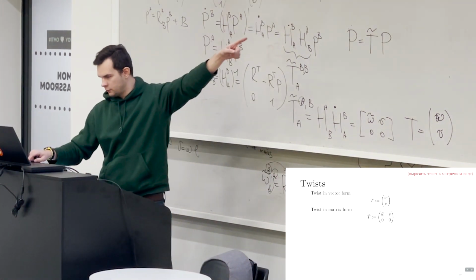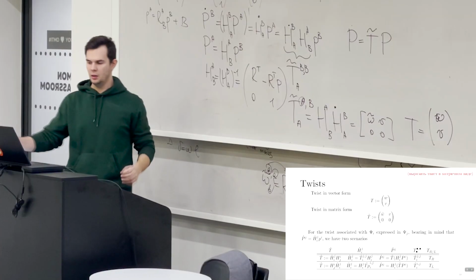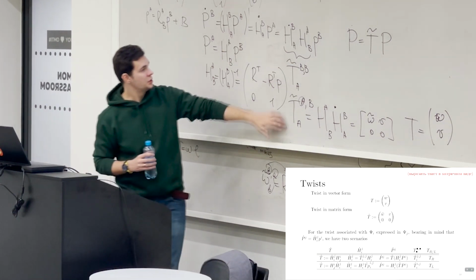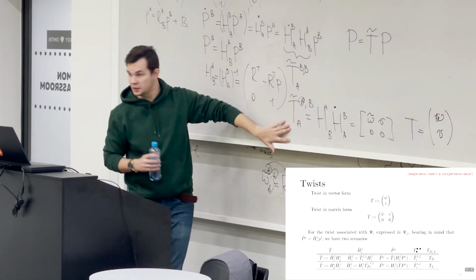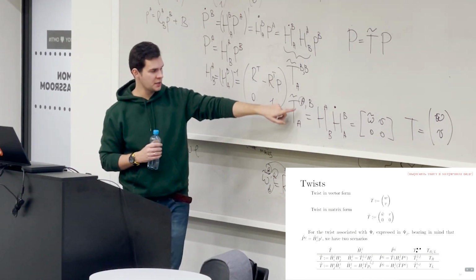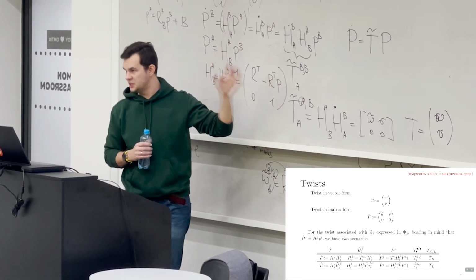So vector form, matrix form. And you can express it in a body frame or in a space frame, as we just did right here, or we can also express it in some arbitrary frame C, for example.